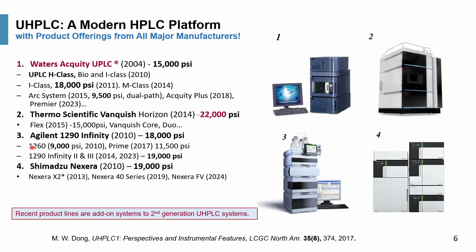They also have the 1260 and 1260 Prime, which is a quaternary, lower pressure system. And Shimadzu also introduced a UHPLC called the Nexera series in 2010, followed by second generation and third generation systems.